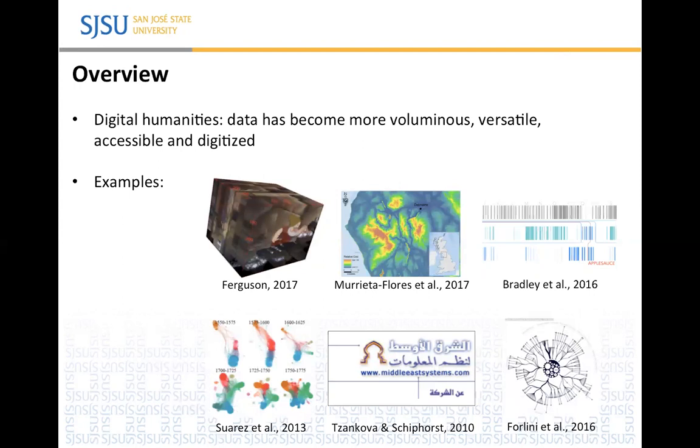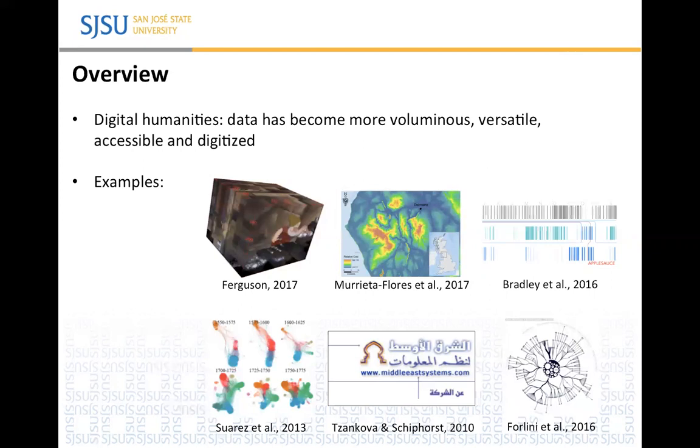For instance, you can see on the top left is the work done by Ferguson in visualizing Walt Disney's animation to understand its contrast of frames and the sequence of plots. And the top middle graph shows the work by Murrieta Flores et al. That implemented GIS technology for cultural historical research, which contributes to the understanding of geographical experiences and spatial relationships represented in works of literature.